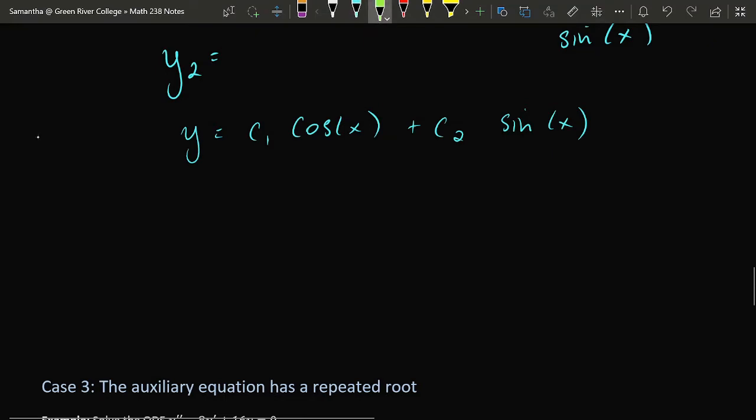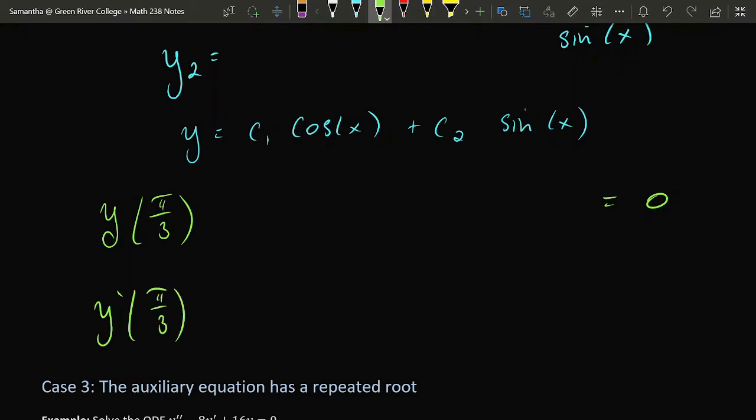So now they say to me, alright, I have two requirements. First of all, when you plug in pi over 3, I want the result to be equal to 0. Second of all, when you plug pi over 3 into the derivative, I want the result to be equal to 2. So taking the derivative, I get negative c1 sine and positive c2 cos.